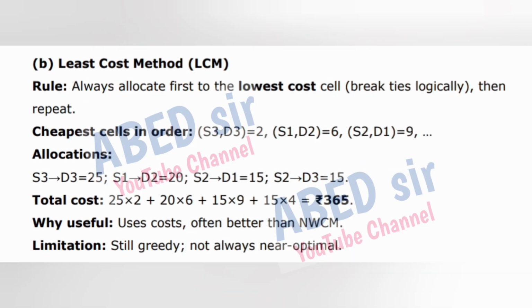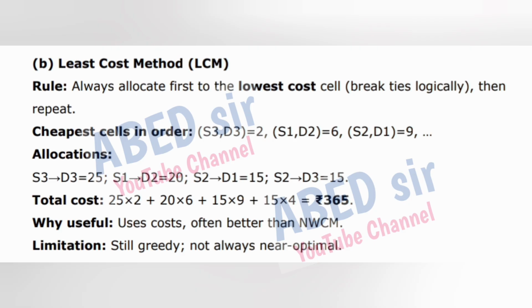B. Least cost method, LCM. Rule: always allocate first to the lowest cost cell, break ties logically, then repeat. Cheapest cells in order: S3D3 is equal to 2, S1D2 is equal to 6, S2D1 is equal to 9.